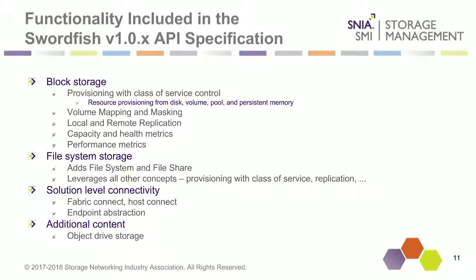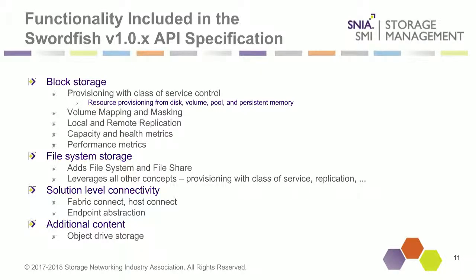And then how to get connected to this stuff. How do you connect to a fabric to get access to the storage? How do you connect to get access to the storage being provided to the host? And effectively abstracting the endpoints so that the consumer of the storage doesn't really need to know very much about the storage at all.